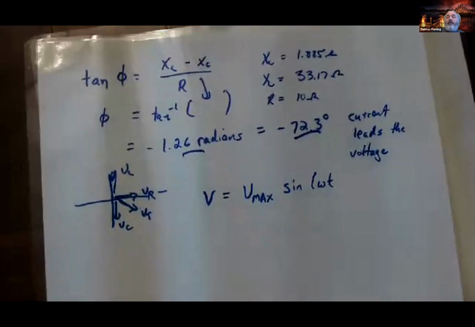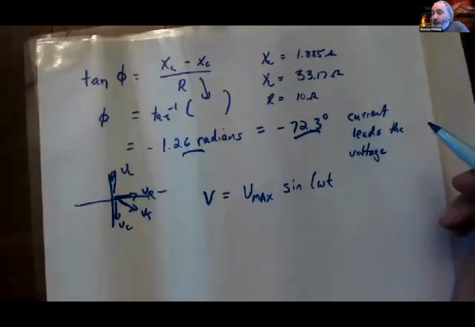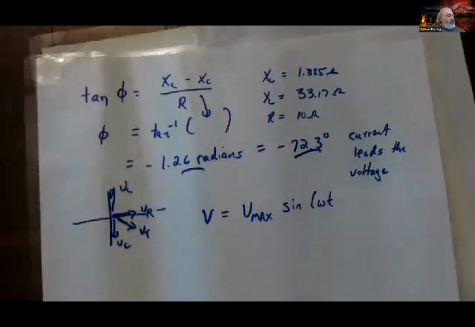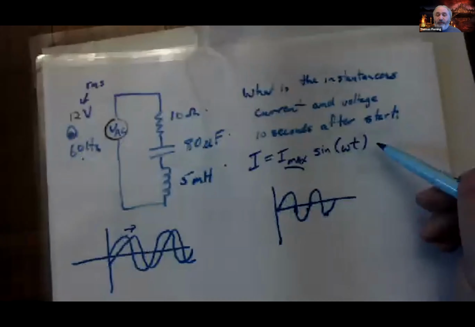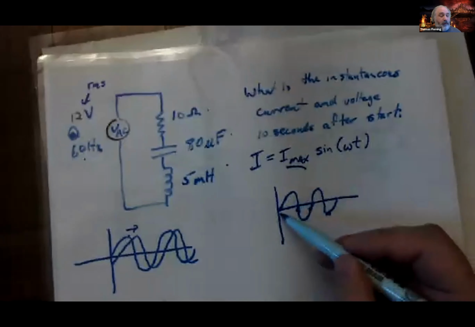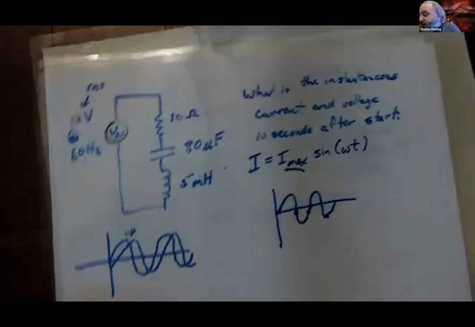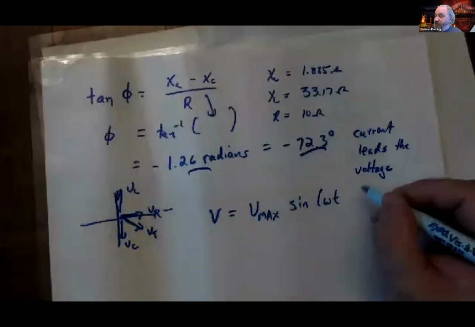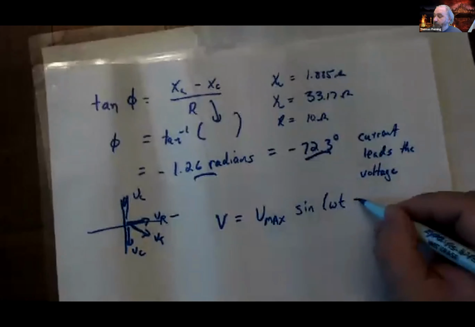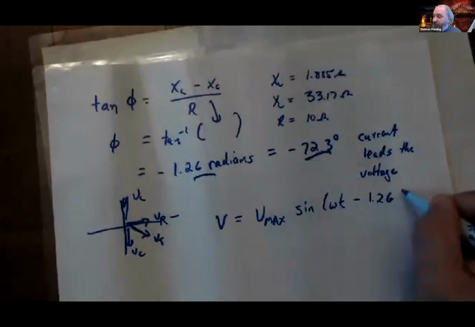Now, since we're doing this expression and we're referencing the current, like the current is our frame of reference, we're always referring back to a current that starts at 0. And if my phase shift is negative, all I've got to do is just add in that negative value. So in this case, it'll be minus 1.26 here.